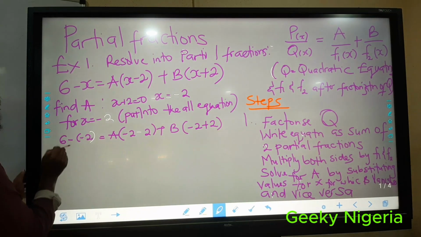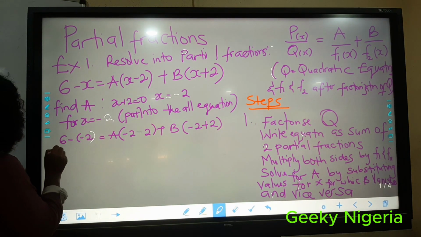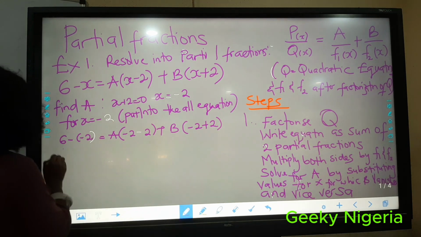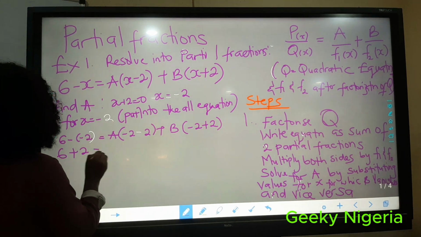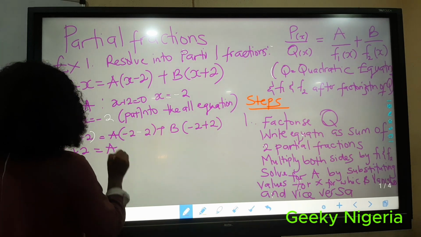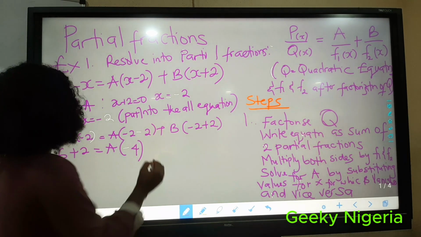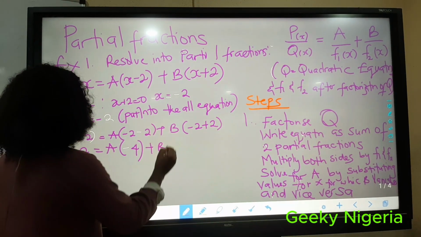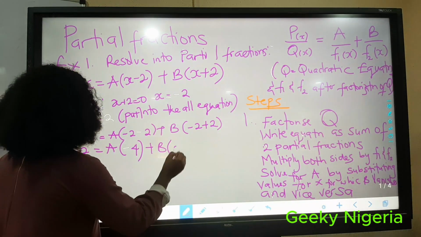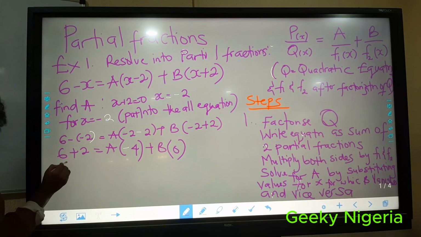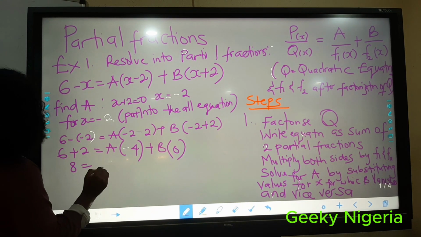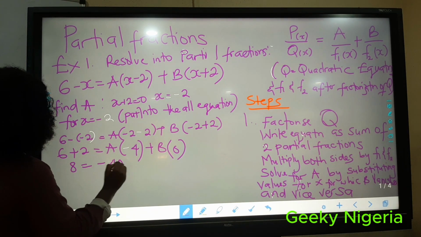We'll now be having 6 minus minus 2, which is now 6 plus 2, is equal to A times (minus 2 minus 2), which is minus 4, right? Plus B times (minus 2 plus 2), which is 0. So we'll be having 8 equals minus 4A.